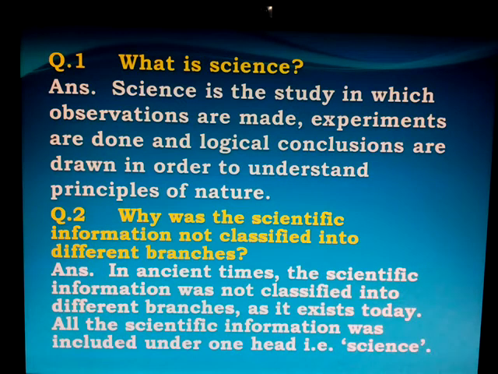So all the scientific information was included under one head, that is science. Now we have divided it into different branches, taking similarities and differences, and there are so many branches now. But in ancient time, it was not classified into different branches, it was only called science.